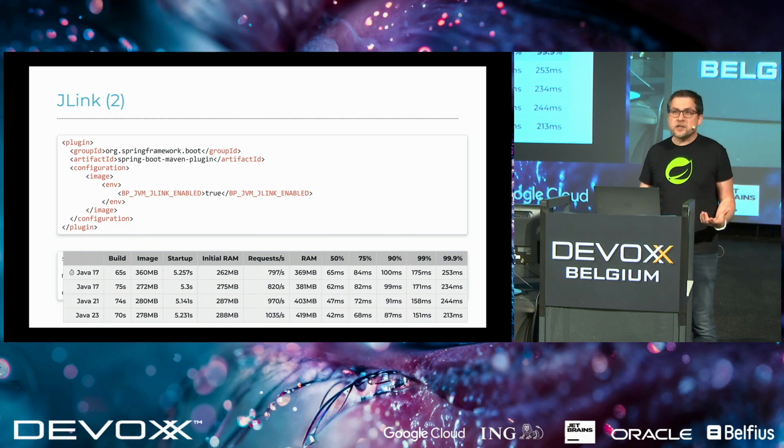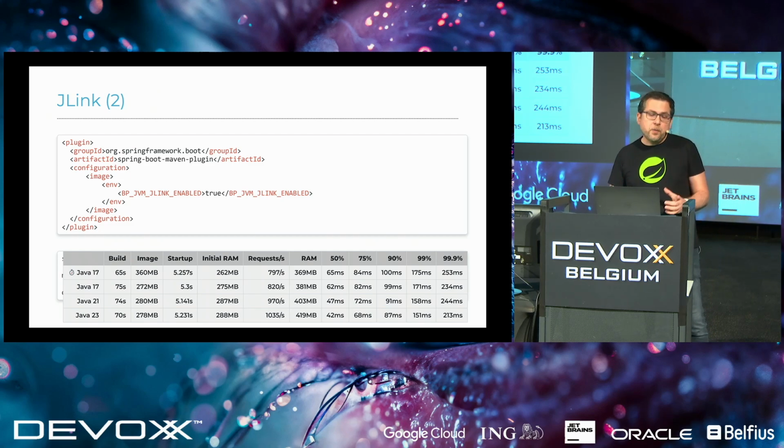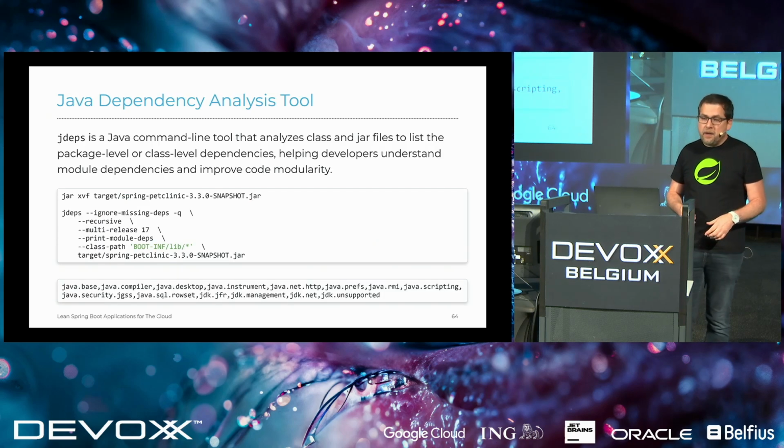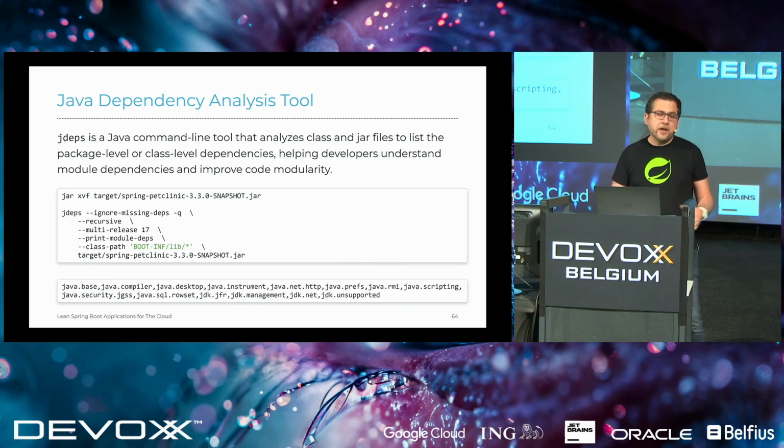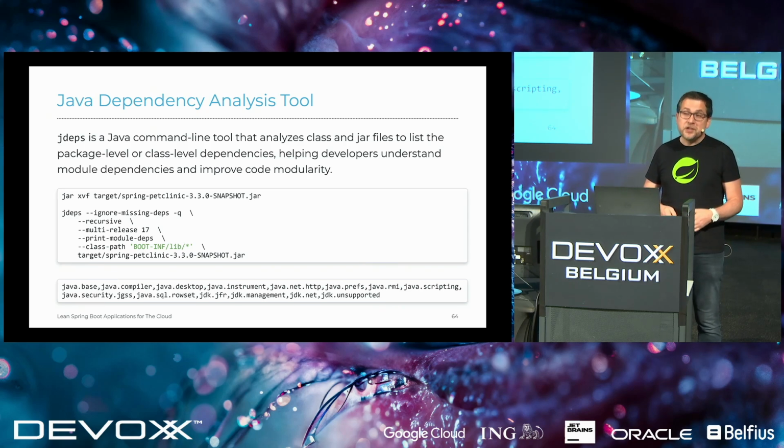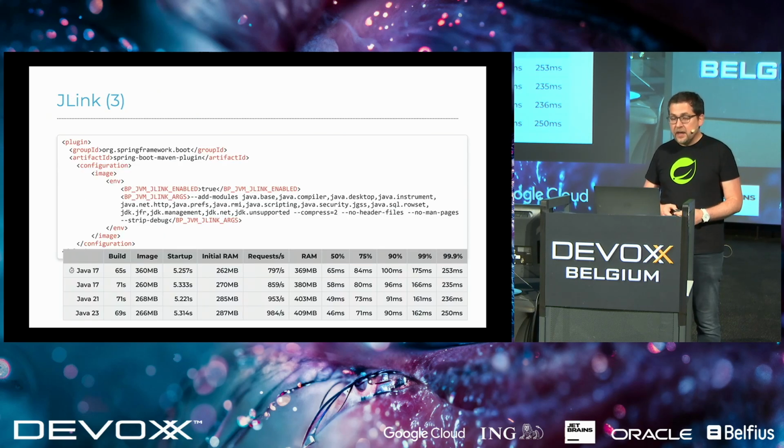Now the question is, maybe there are other ways to do it. I mean, this tool is just guessing. I think I can actually do it even better than that. So that's why I use jdeps to check which modules are used, so I can explicitly specify the modules, right? And this is what you see here. So I specify with add-modules the modules.